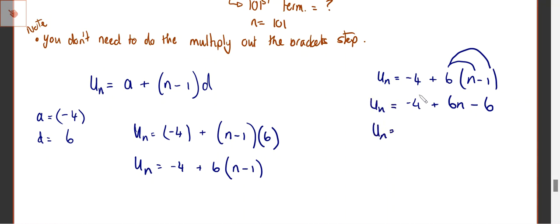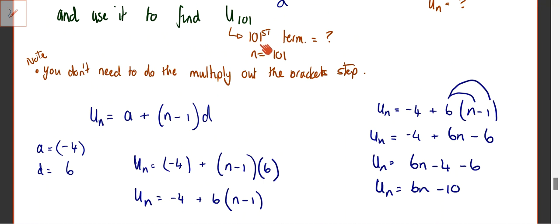Then if we collect together, we put the 6n first, but -4 -6, so we end up with 6n and -4 -6 is minus 10, okay? Either -4 subtract 6, or -4 plus -6, depending. This is the step you didn't have to do. You could leave it like that in fact.